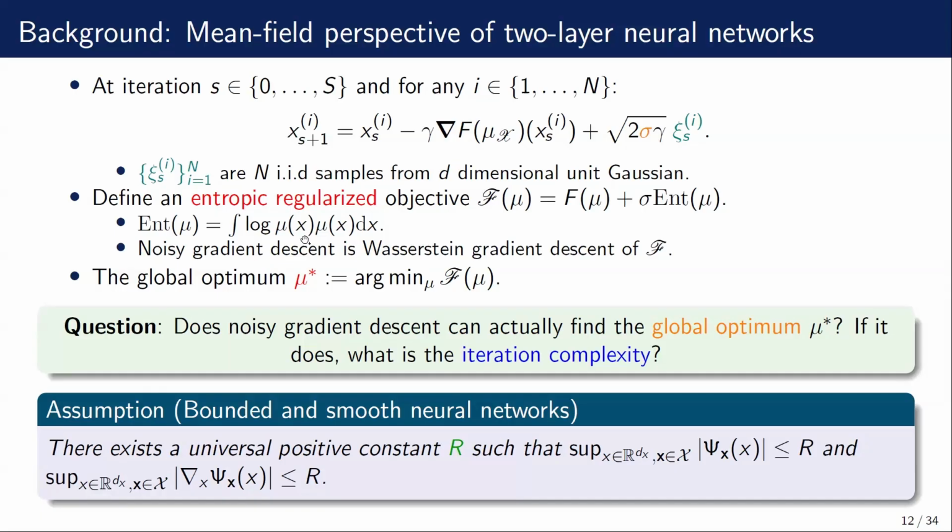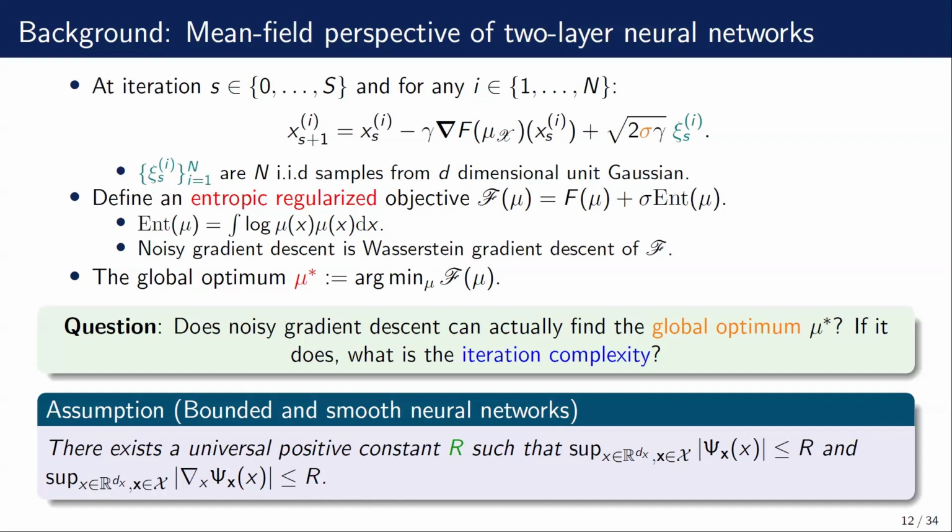The noisy gradient descent scheme is the Wasserstein gradient descent of this fancy F. And the global minimum we want to approximate in this talk, at least for now, is mu star, which is defined as the global minimum of this fancy F. So the question we want to tackle is: can this noisy gradient descent scheme find the global minimum mu star? And if it can, what is the iteration complexity?